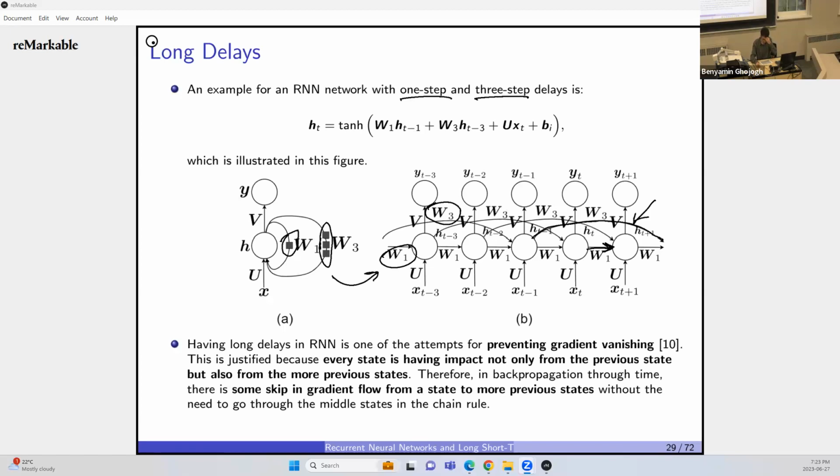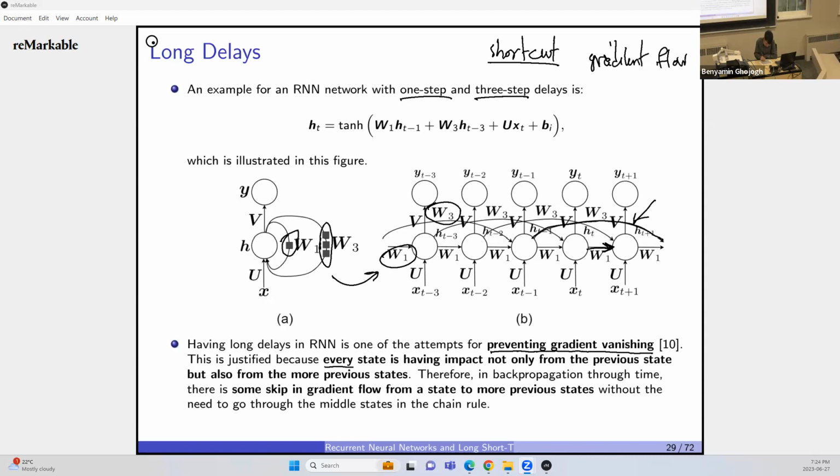Then I think you can find out why it is helping. Why? Again, it's kind of a shortcut for gradient flow in backpropagation. So we will not have gradient vanishing. So one analysis is shortcut, another for gradient flow. Another way to see this: having long delays in RNN is one of the attempts for preventing gradient vanishing.